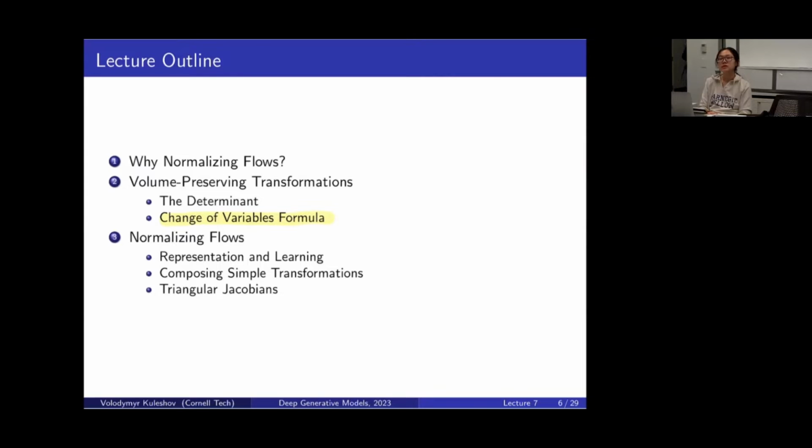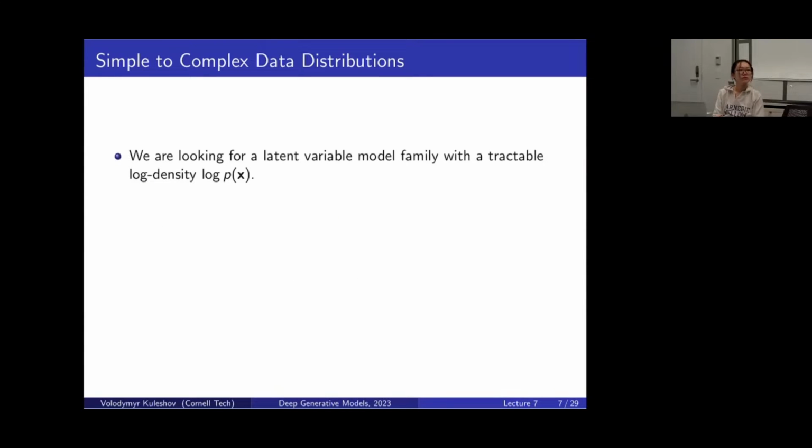That's the plan. Okay, so what is going to be our overall strategy for defining normalizing flows? Again, we're looking for a latent variable model that's tractable in the sense that it has a log density that we can compute, and we can also perform latent variable inference. But let's just say for now we want an expressive model family that has a tractable log density.